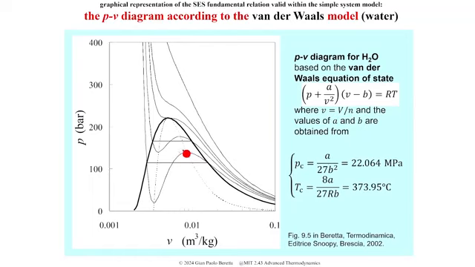And this is actually experimentally achievable only up to this dotted line. This dotted line is called the spinodal curve, and it is the locus of all the minima on this side and the maxima on that side.